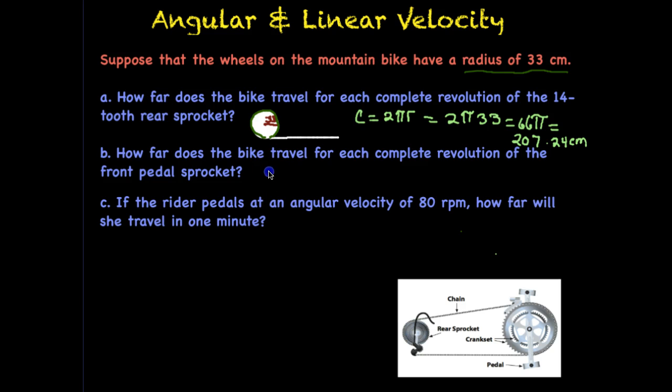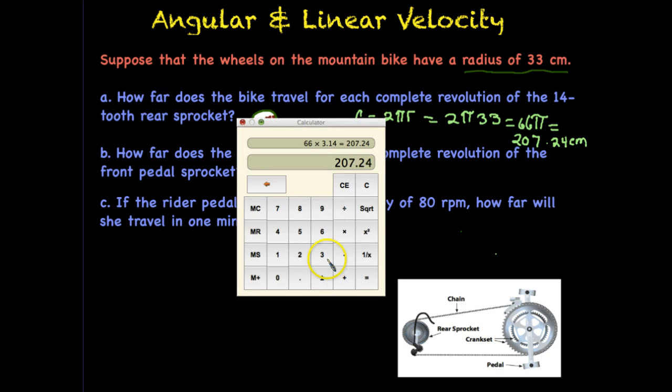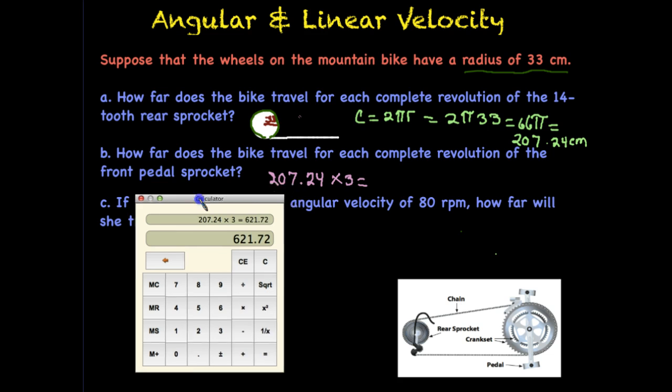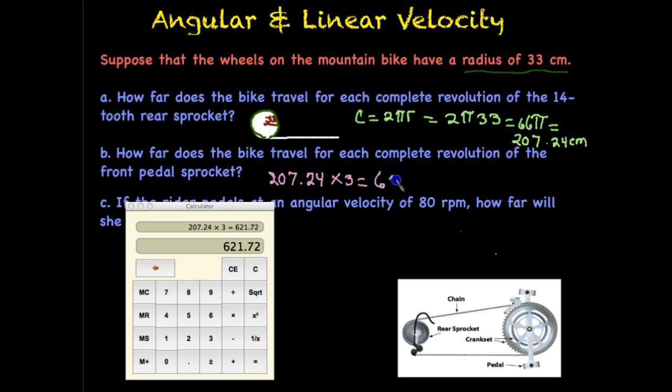Well, we know that one rotation is the same as 207.24 centimeters, or 66 pi. Multiply that by 3, and we'll answer this question. So, times 3, we get 621.82 centimeters. That is how far the bike will travel for each rotation of the front pedal sprocket.